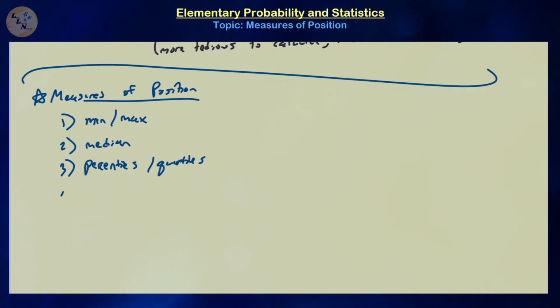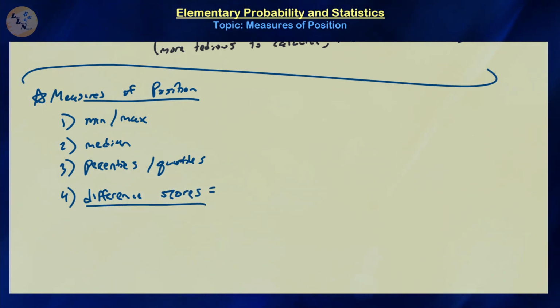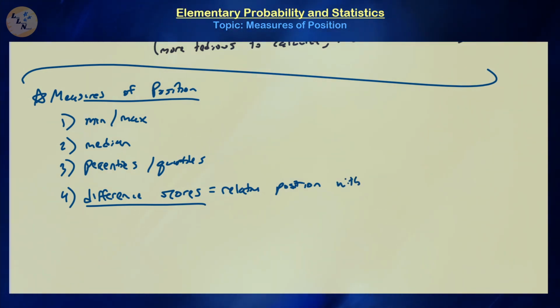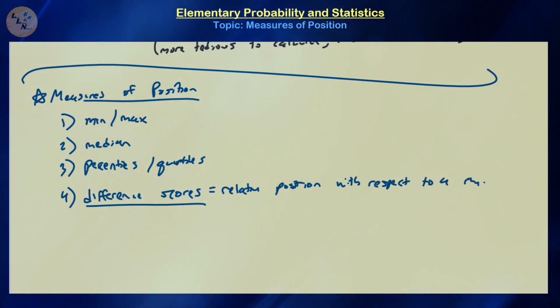A fourth measure of position is difference scores. And what difference scores represent is the relative position, not necessarily with respect to the order, but with respect to a measure, that M looks a little funny, so a measure of central tendency.